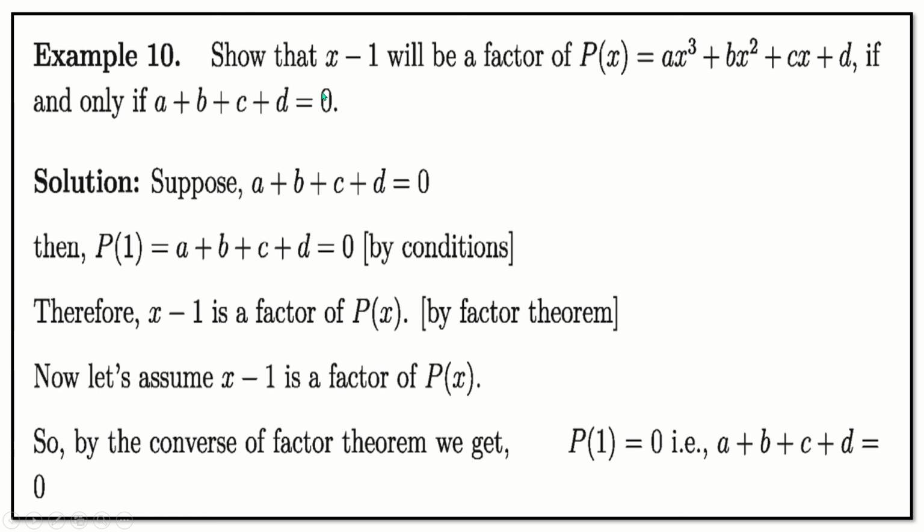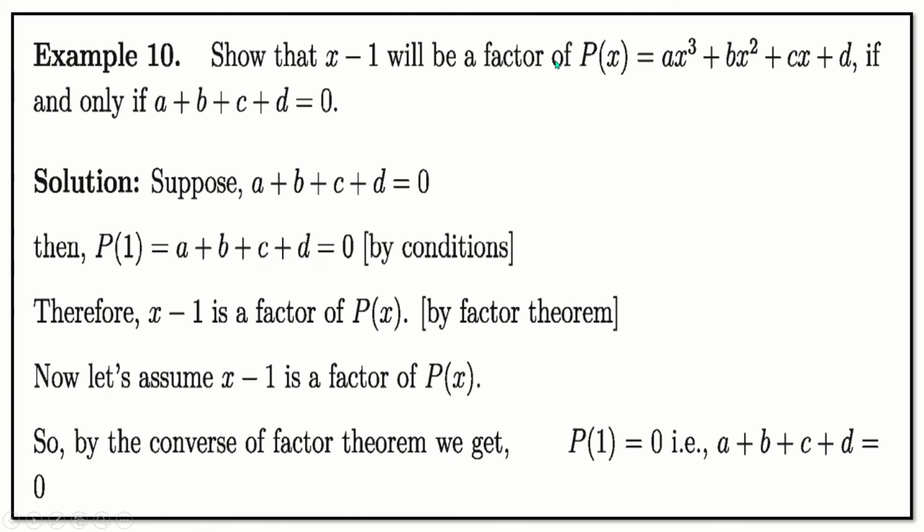Following this theorem, we can prove example 10. Show that x minus 1 is a factor of p of x equal to ax cube plus bx square plus cx plus d if and only if a plus b plus c plus d is equal to 0. Solution: suppose a plus b plus c plus d is equal to 0. Then p of 1 is equal to a plus b plus c plus d, which is equal to 0 by condition.